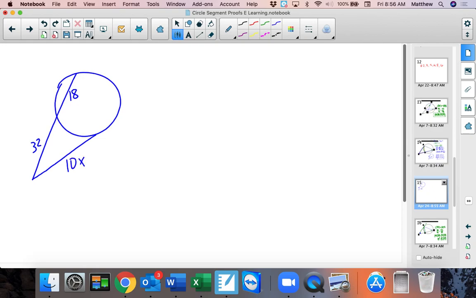So again, our formula says outside part times the whole. What I like to think about for the tangent part is it's the outside part times the whole part. So it's again 100 x squared equals outside part 32 times the whole part, 32 plus the 18.